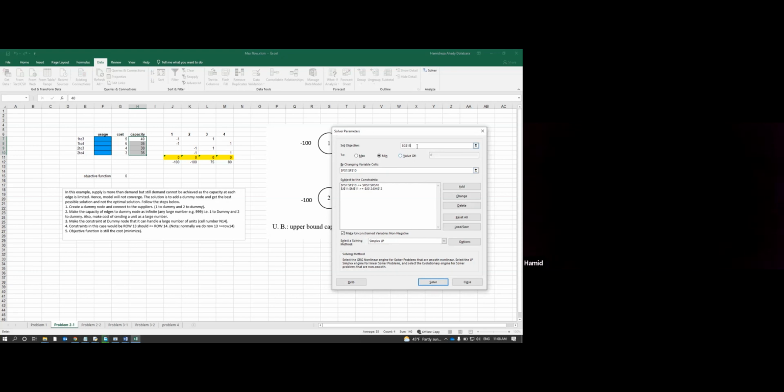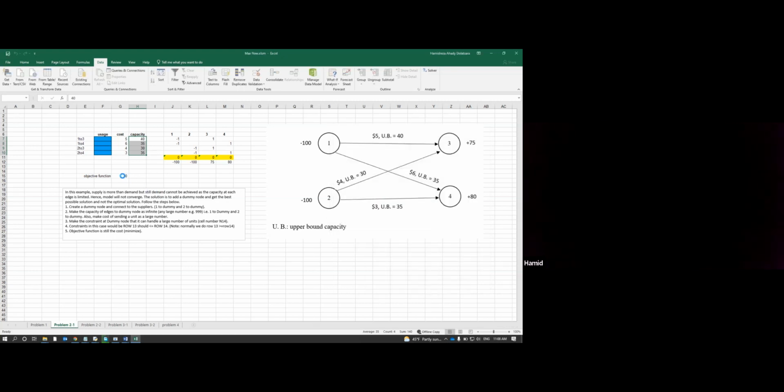So I'm saying minimize G15. Here, G15 is just the summation of decision variables times the associated cost. Let's wait a little bit.